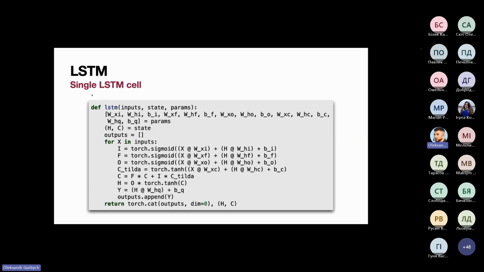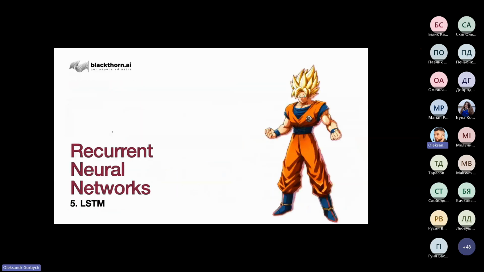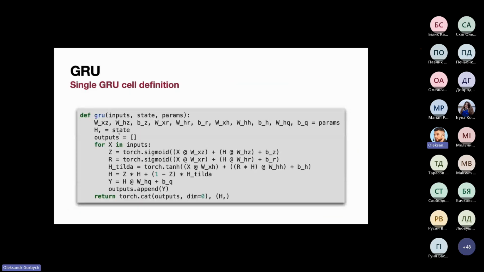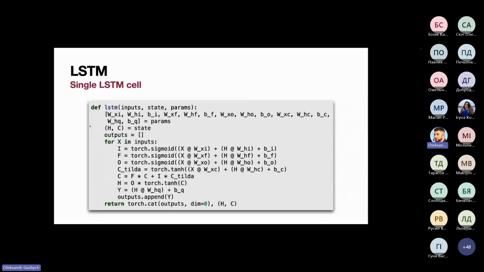If we review its implementation, it will become a little bit simpler. As you see, we have many more parameters here. We have WXY, WHY, and all of the other things that are parts of input, output, and forget gates. Now our state consists of two elements, as opposed to GRU. In GRU, your state was made of one set of weights. But the LSTM now has two state components.